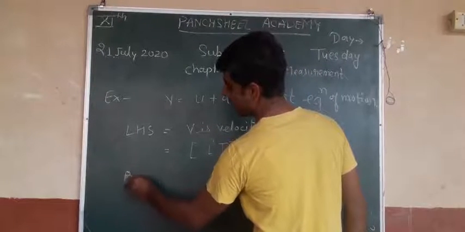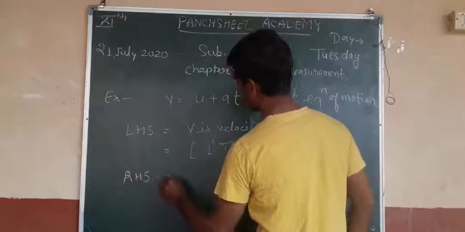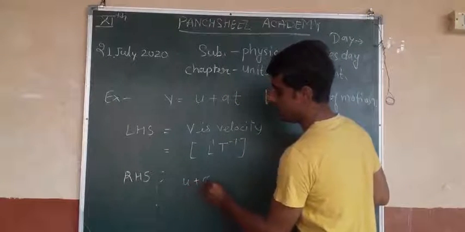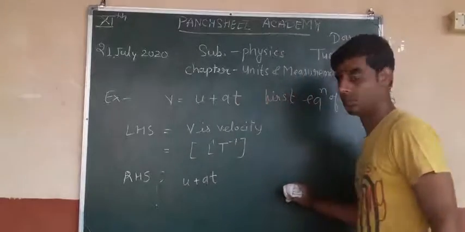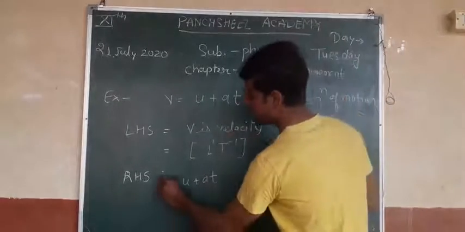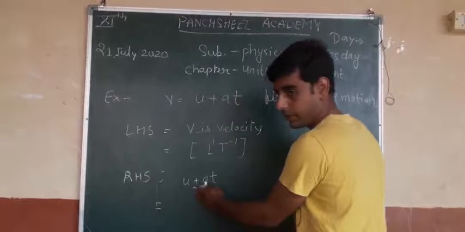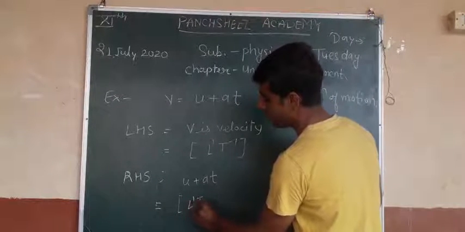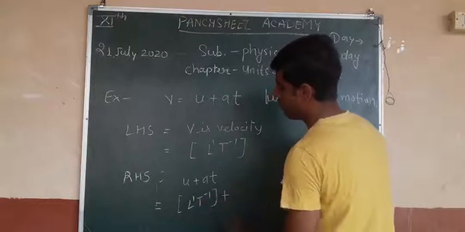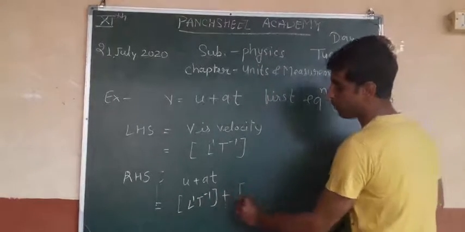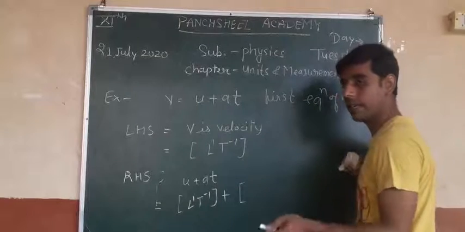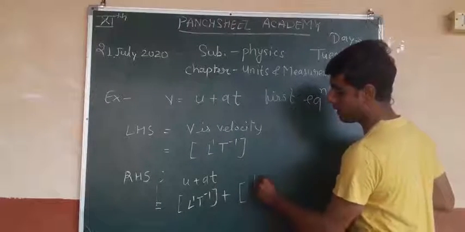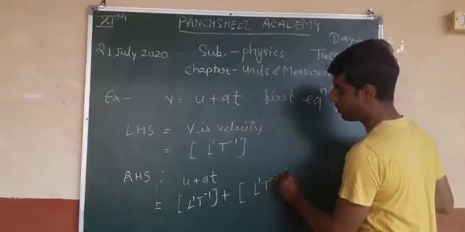Now on the RHS side, u plus at. Here u is also initial velocity, so the dimension formula of u is L1 T minus 1, plus, what is the dimension formula of a? a is the acceleration, and acceleration is meter per second square, so I write here L1 T minus 2.